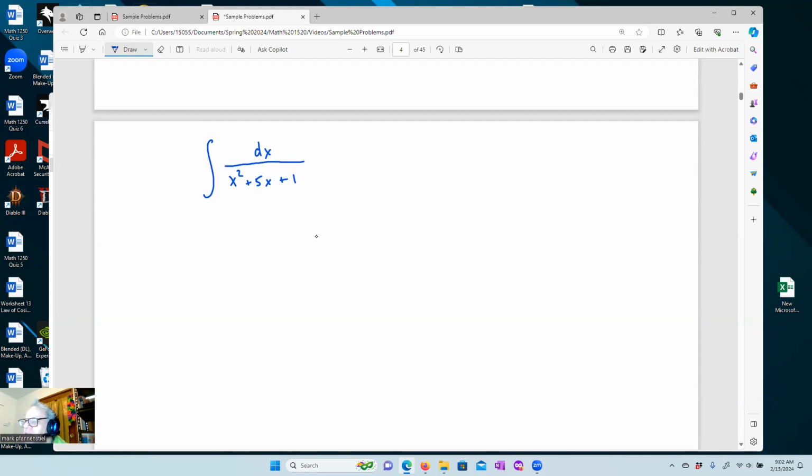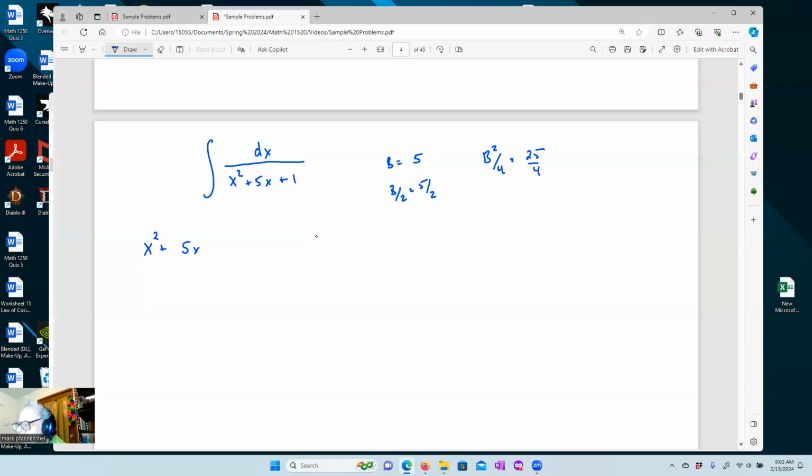Okay, so what we're going to do is complete the square on this thing. I'm going to take it out of the integral for a moment. We have x squared plus 5x. My b term, the middle term, is 5, b over 2 is 5 halves, and then b squared over 4 is 25 fourths.